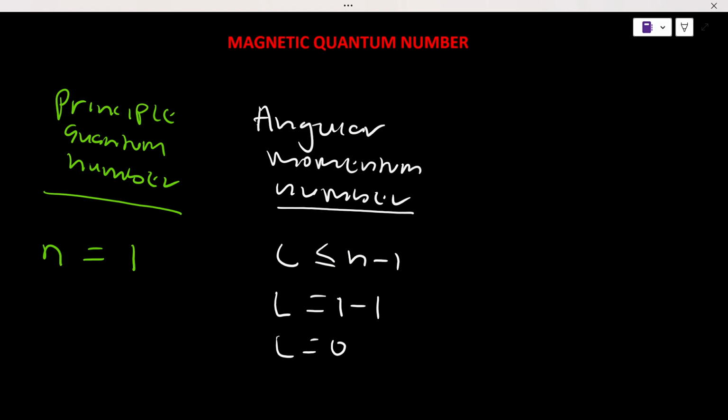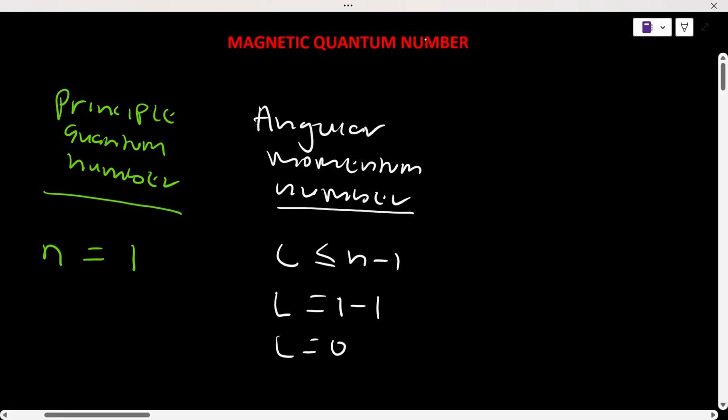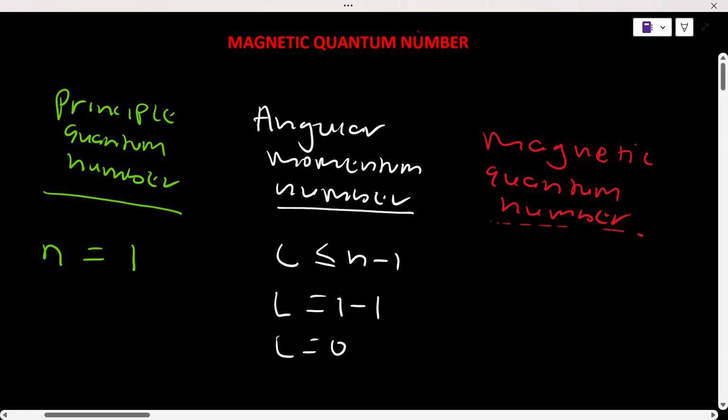Now, magnetic quantum number, let me write it somewhere here. Magnetic quantum number now works differently.